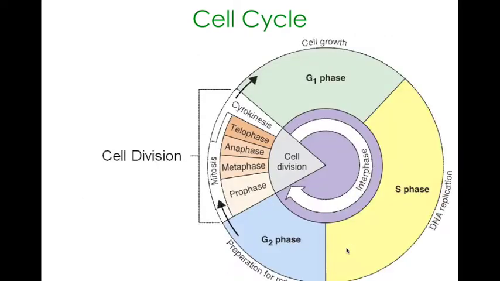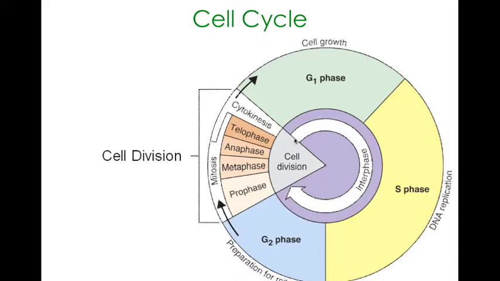Here is an overview of the cell cycle. It's important to remember that this cycle happens constantly. Whenever a cell divides, it enters into this cycle, and there is no real start or end phase. But for the sake of simplicity, we're going to start right about here and work our way around.